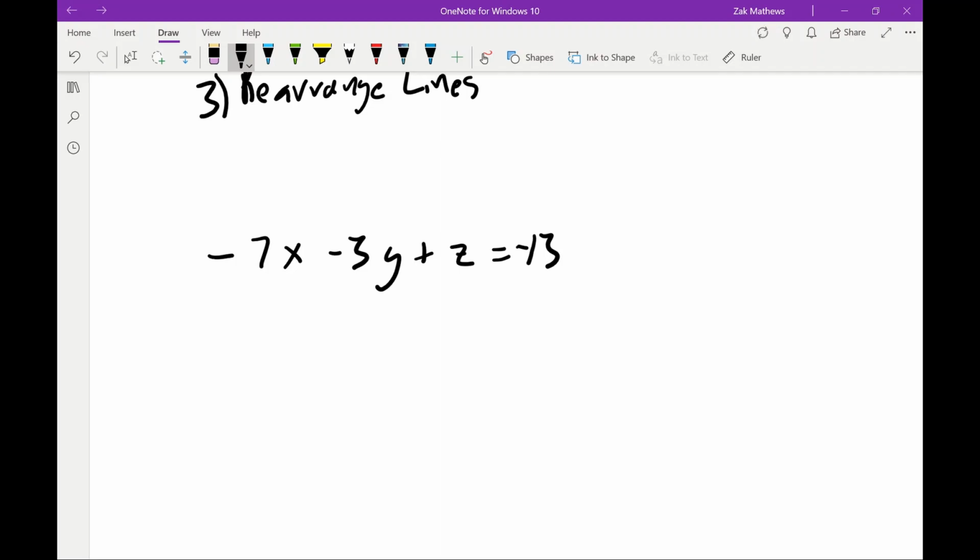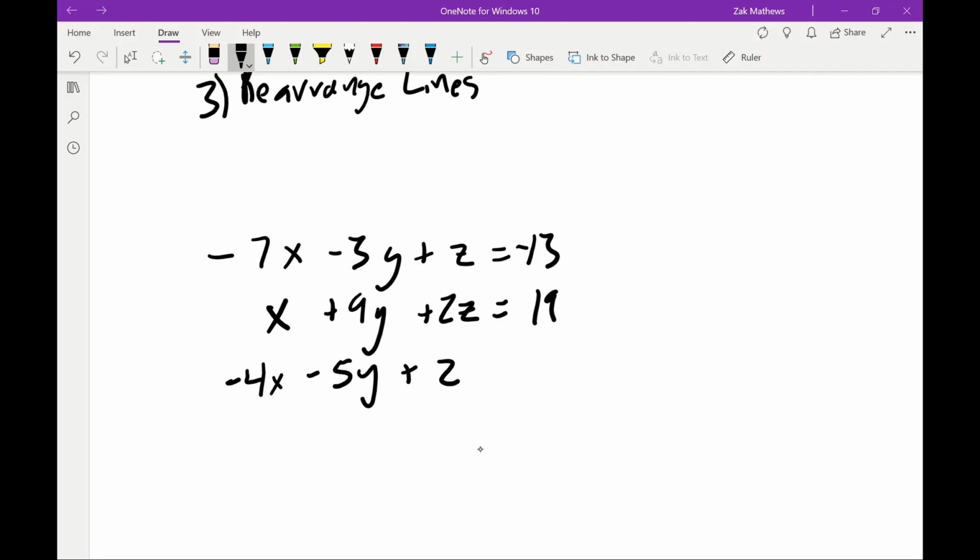Then we'll take x plus 9y plus 2z is equal to 19. And finally, negative 4x plus negative 5y plus z is equal to negative 14.